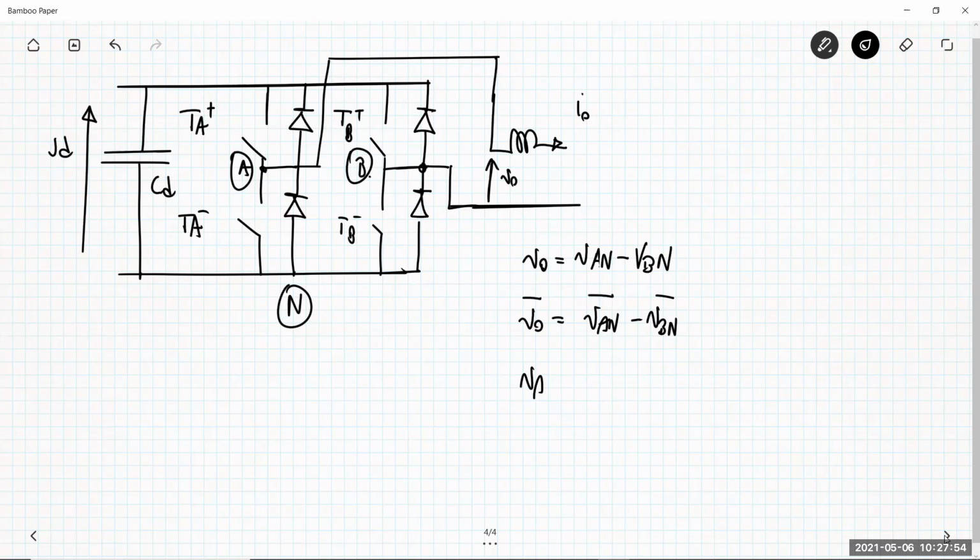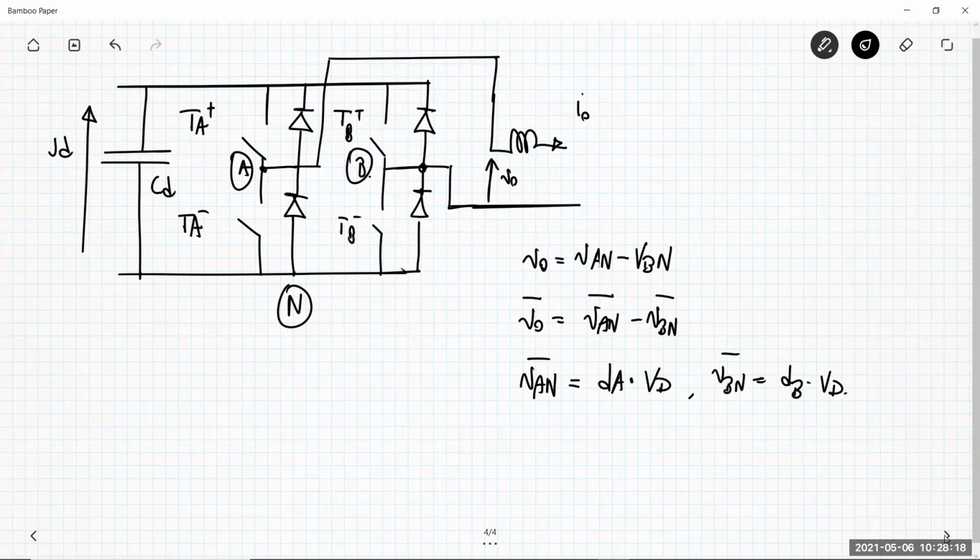Remember that VAN averaged for a half bridge is simply the product of the duty cycle by which I'm switching the transistor in leg A multiplied by the constant voltage at the input. VBN averaged is the same product, dB multiplied by VD.